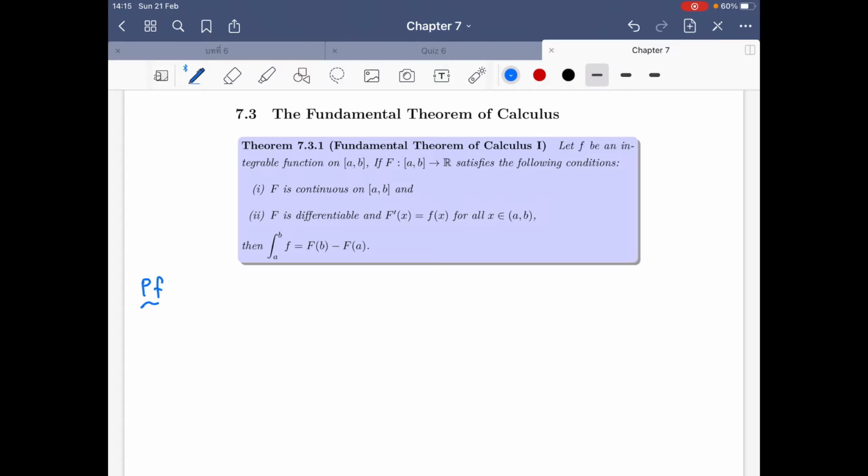We are going to use again the Riemann criterion, that theorem 7.1.4. So we let epsilon greater than 0.